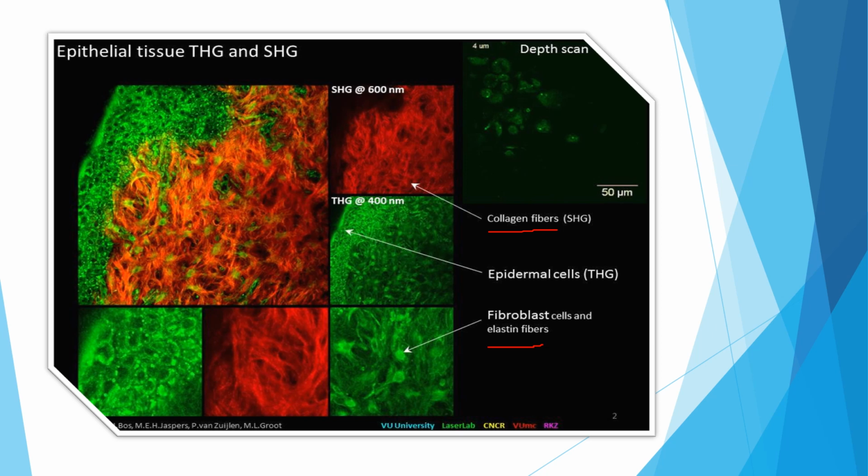These are the two fibers which constitute primarily the connective tissue. Epidermal cells are those cells which constitute the making of our skin. We don't have to go into depth in tissues right now. That's not our topic.